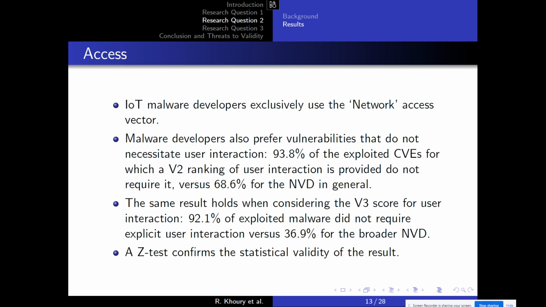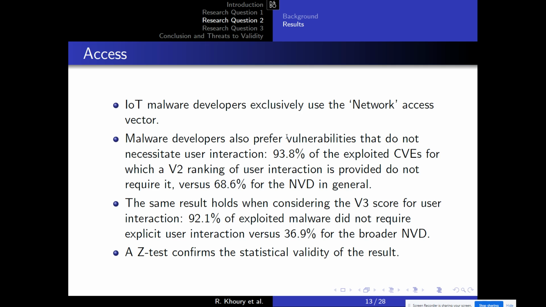This can be one of 4 values: network, when you can exploit the vulnerability across the network; local, when you need to be in the local area network; physical, if you need physical access to the device; or adjacent network. It's a bit unsurprising, but every vulnerability that was exploited by IoT malware developers uses the network access vector. It's not very surprising, but we thought it worthwhile to mention it anyway.